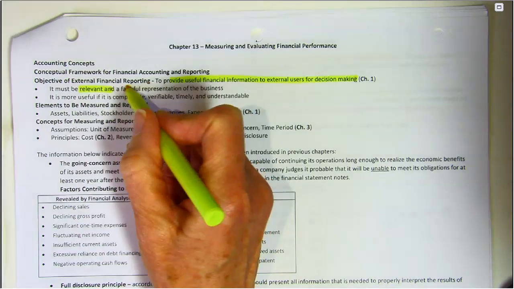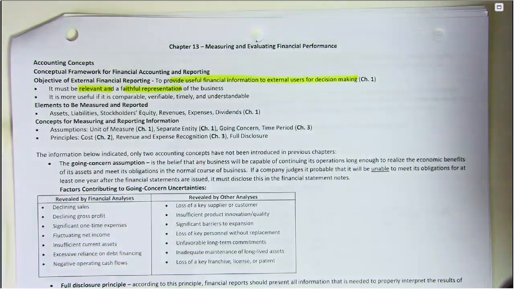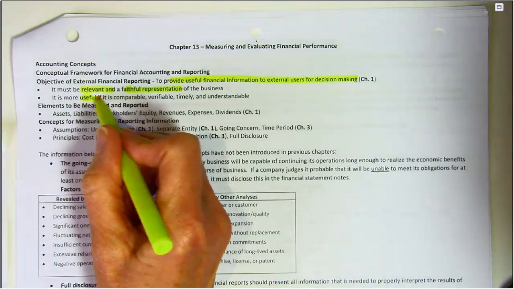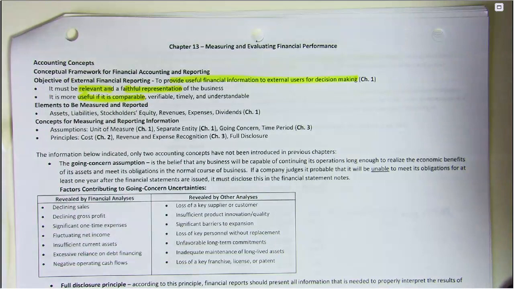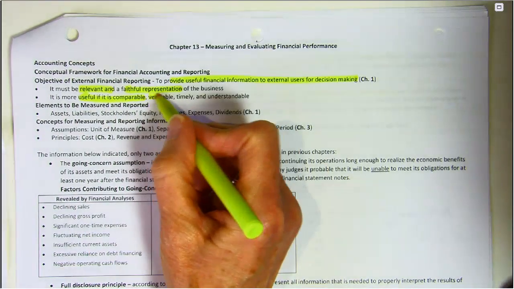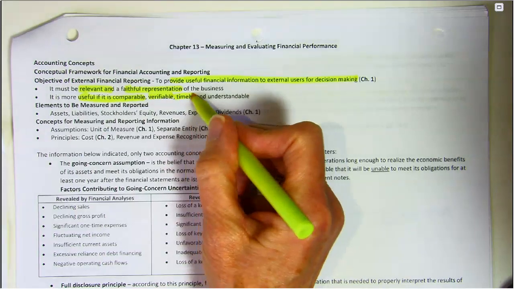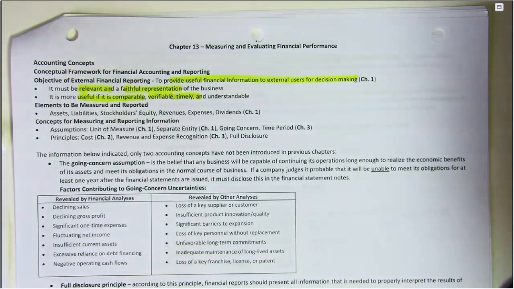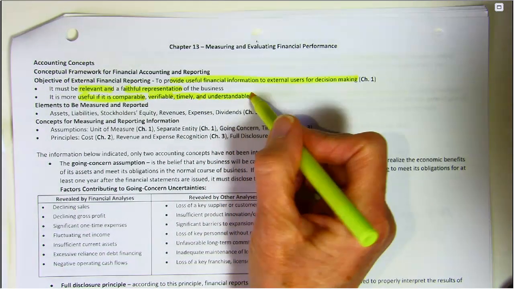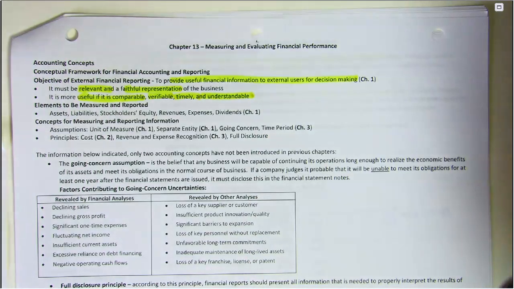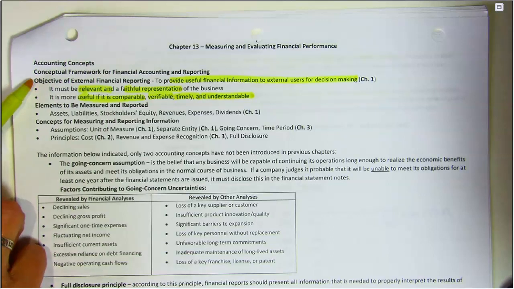It should be a fair representation and faithful representation of the business's operations. Information is useful if you can compare it period to period, if it can be verified and is objective, if it's produced on a timely basis, and if you can more easily understand it. So that forms what we call the conceptual framework for financial accounting and reporting.